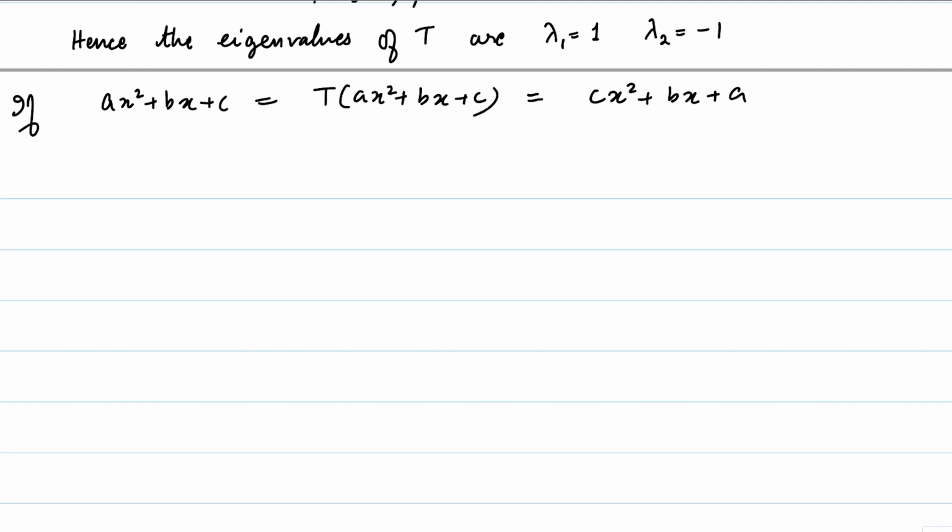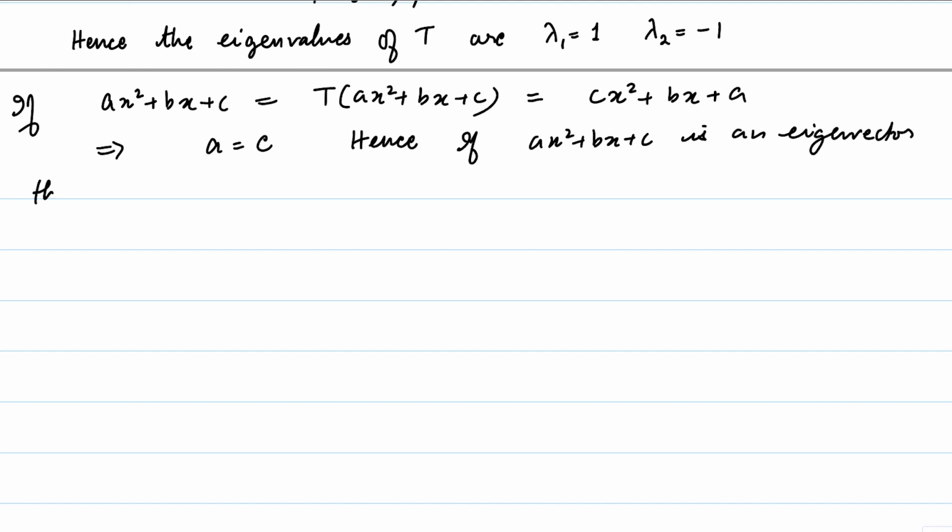And by equating coefficients, this gives that a is equal to c. So hence, if ax square plus bx plus c is an eigenvector, then a is equal to c. If a is equal to c, then what will happen?